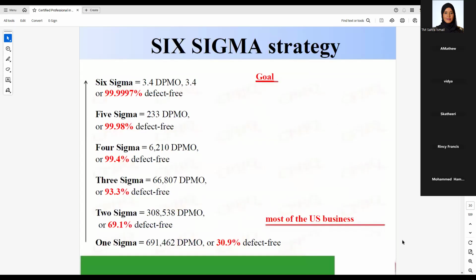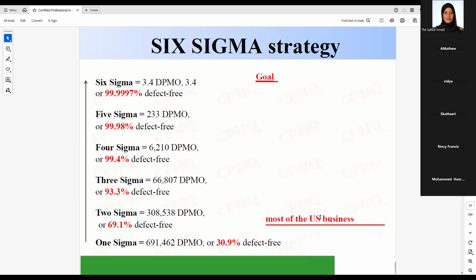So in the Six Sigma strategy, and this is based on most US businesses, so the numbers are not the same. You usually would look at your data. Remember, we said it's a statistical terminology. So you will look at your data, and based on it, you will evaluate it.